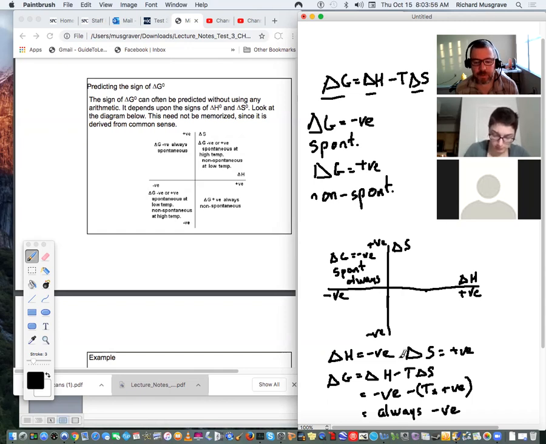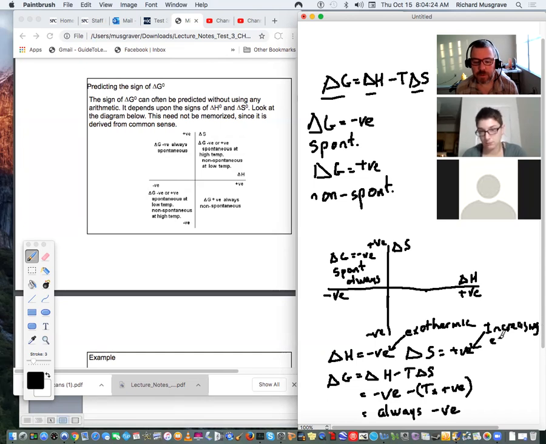Now, why does this make sense? It makes sense because if we're dealing with a negative delta H, that means that it's going to be an exothermic process. And exothermic means it's releasing energy. That makes it more favorable. The other thing is that we're increasing entropy or increasing randomness. And we talked about entropy the other day.